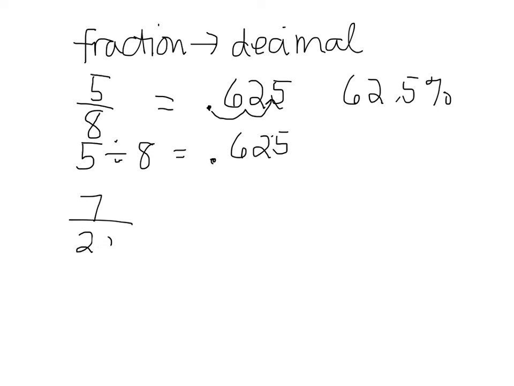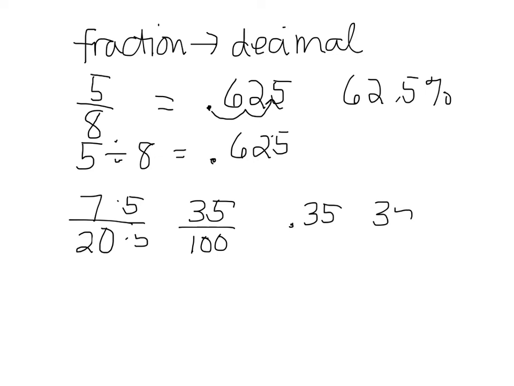But you should also use your common sense. 7 out of 20 is 35 out of 100, which makes it, as a decimal, 0.35, and as a percent, 35%, or 35/100ths. Fraction to a decimal is easy when you remember that the fraction bar means divided by.